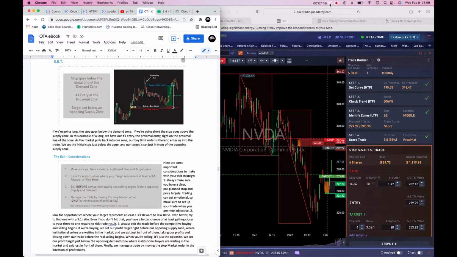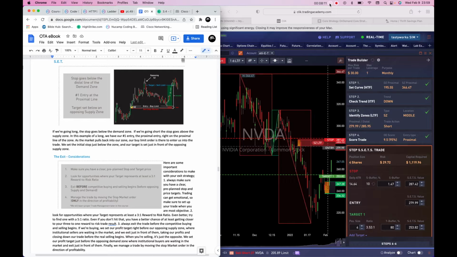The third consideration, always exit the trade before the competitive buying and selling begins. So if we enter the trade with a buy order, we set our profit target right before our opposing supply zone where institutional sellers are waiting to enter the market.